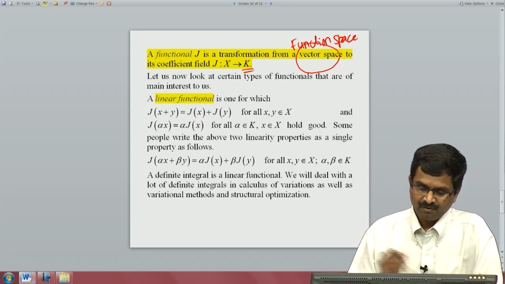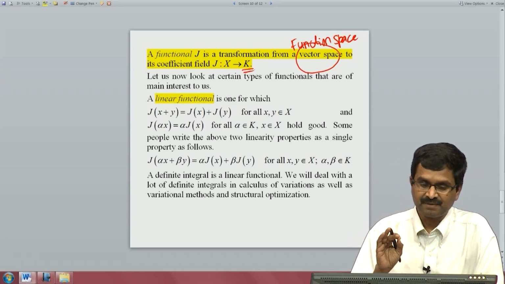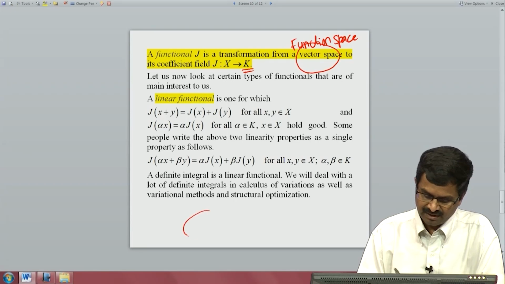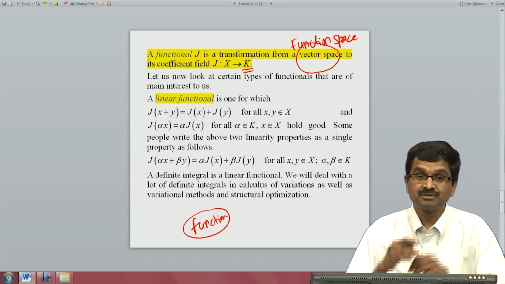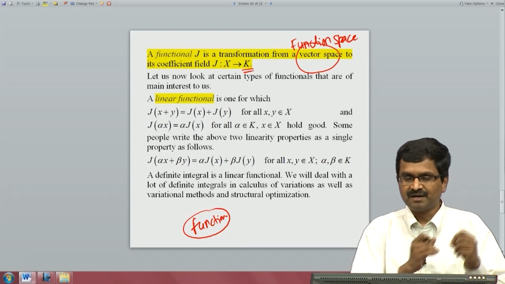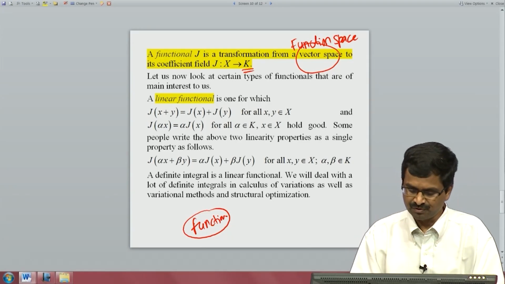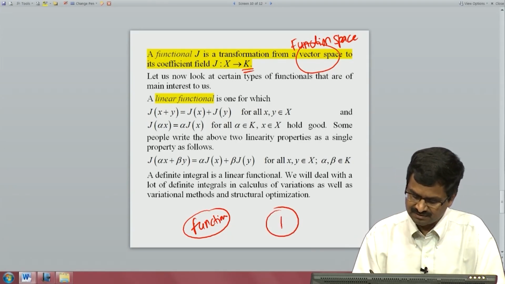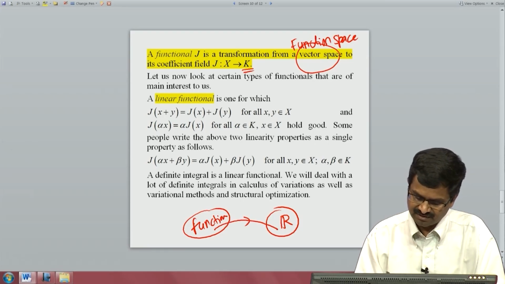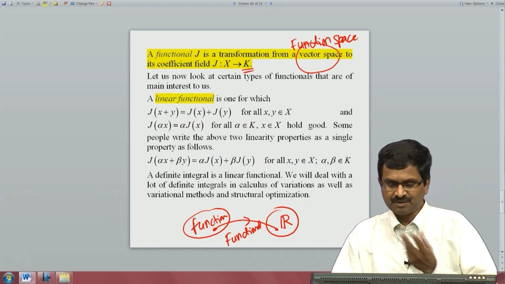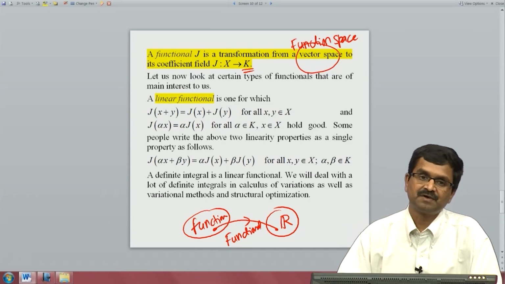Once you understand a functional in that manner, it should go from functions that belong to a certain space, which satisfies this Lebesgue norm or Sobolev norm and so forth, to a real number space. That is what a functional does. For everything here it takes you there. Normally people sometimes quickly define a functional as a function of functions.